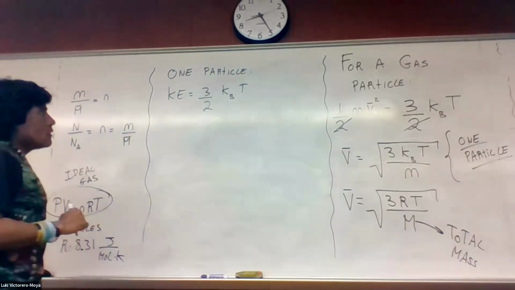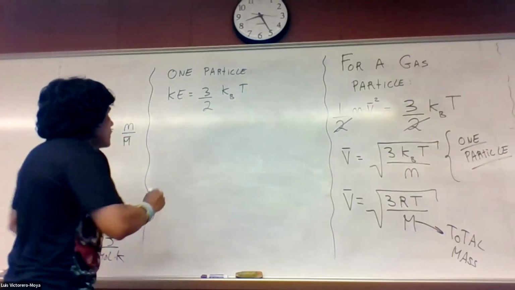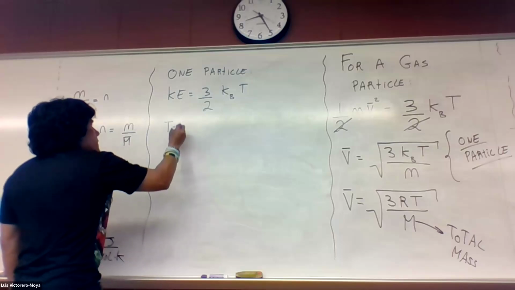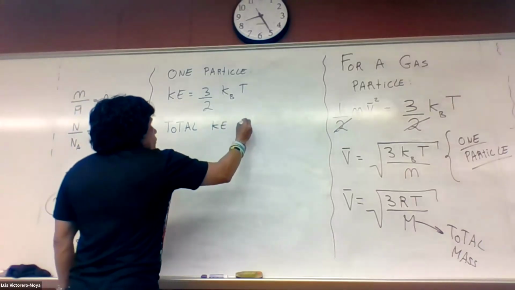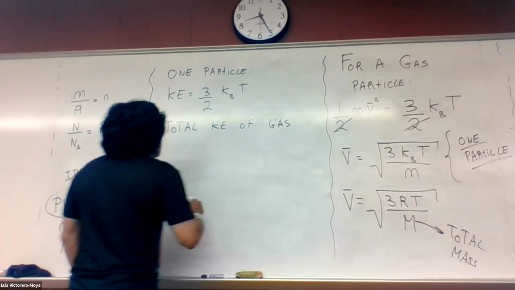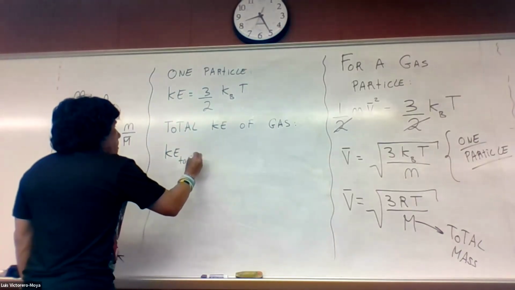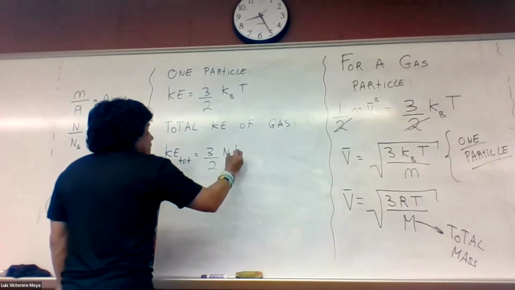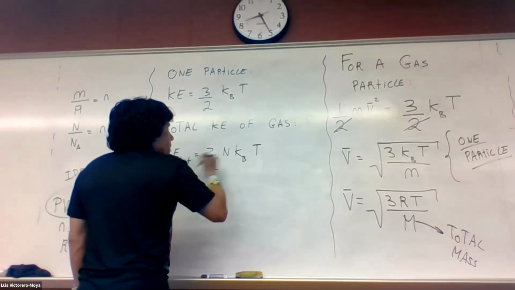That's the equation. For one particle, you can just use that, guys. And we're going to do an example. But for the total gas, the total KE of the gas, KE total, is 3/2 of N, right? Total number of particles, kB temperature.